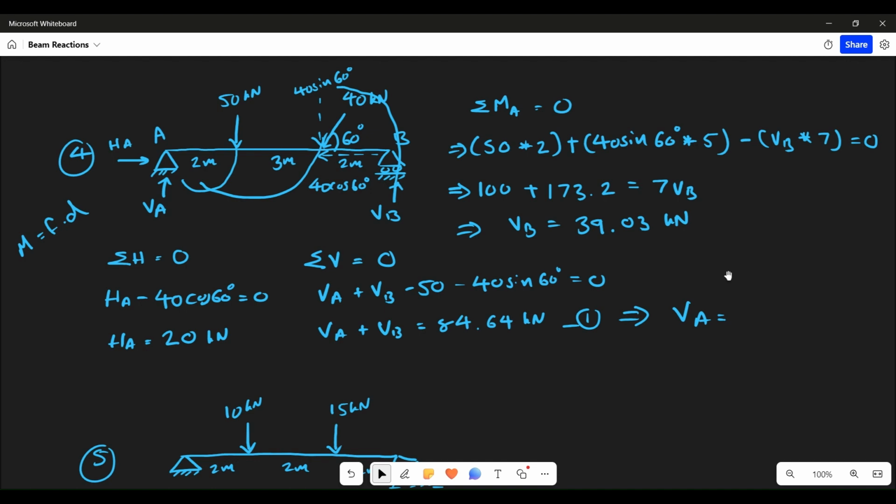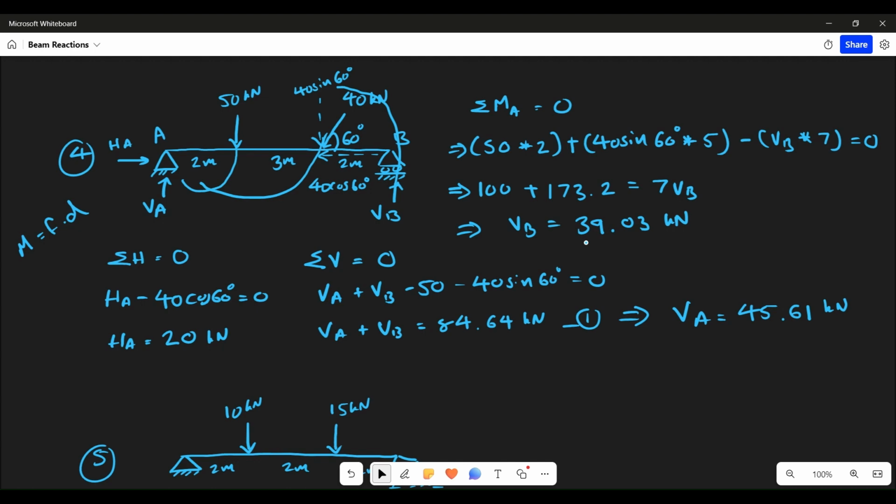I'm getting 45.61 kilonewton. So when a force is inclined, you find reactions like this. That is 45.61 is your VA, HA is 20, and VB is 39.03.